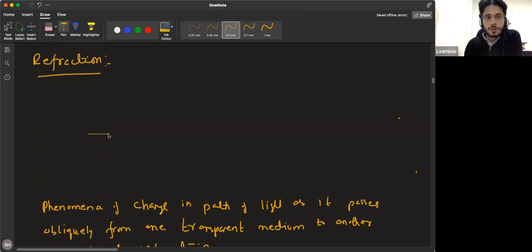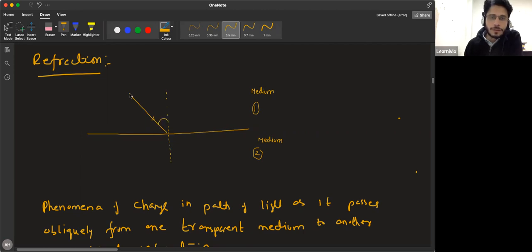So this is the boundary. This boundary is separating two mediums, medium 1 and medium 2. This is medium 1, and this is medium 2. And you have this incident light here. This is the normal.